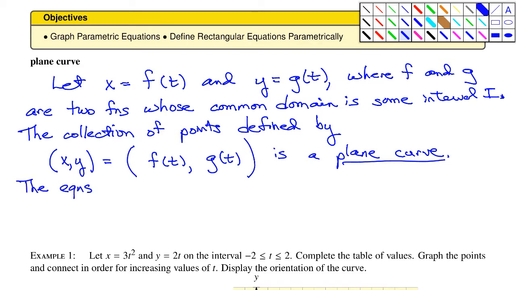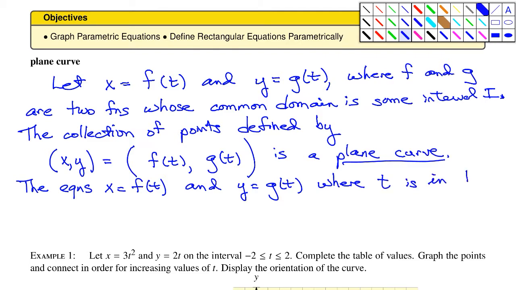The equations x equal f of t and y is equal to g of t, where t is in I, that's the interval where everything is defined, are called parametric equations of the curve.